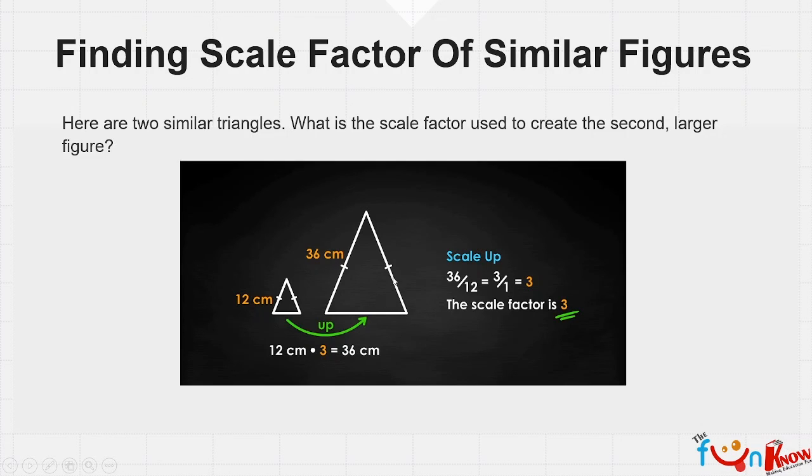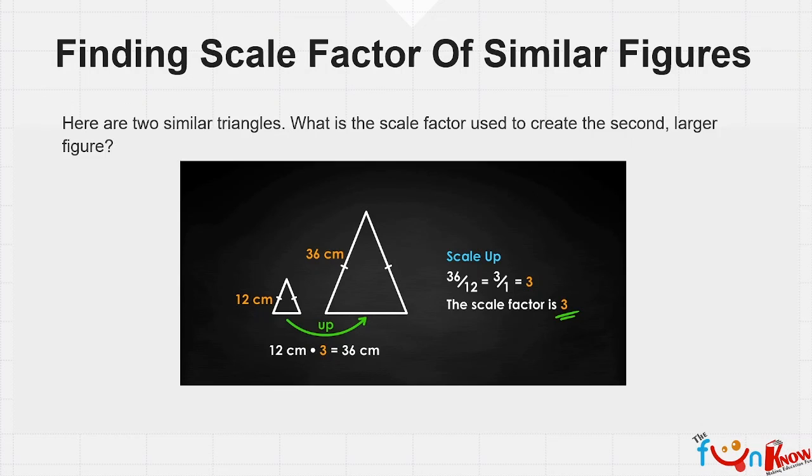Now we have to see what scale they have used to make this large triangle, because originally this triangle was there. So this is 12, this is 36. What scale must they have used to make this triangle larger? We'll see, students.